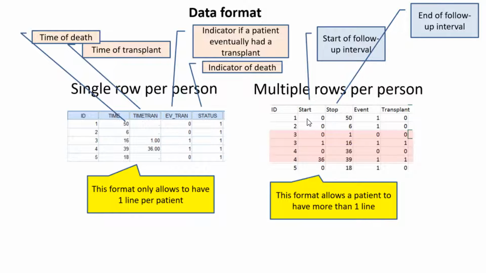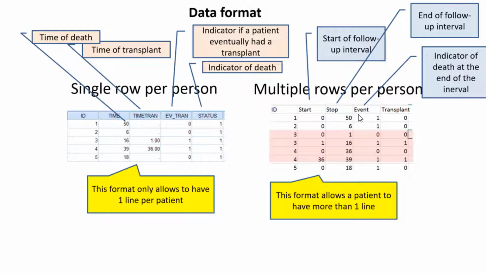From day 0 to day 1, this patient was classified as not having a transplant, while for the interval from day 1 to day 16, this patient is classified as having a transplant. At the end of the interval between day 1 and day 16, this person died.